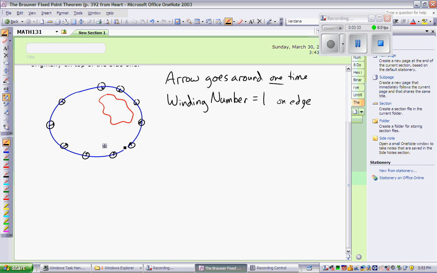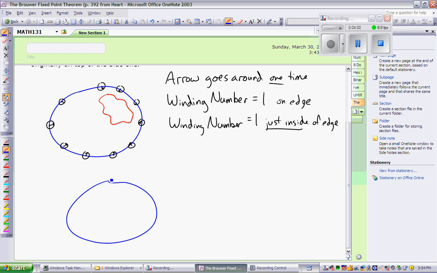So you can see that the winding number is still going to be 1, just inside the edge. So that's pretty important. We get a winding number of 1.